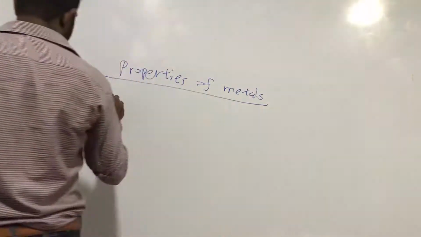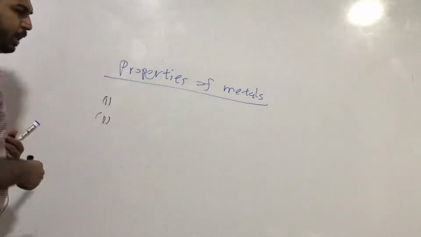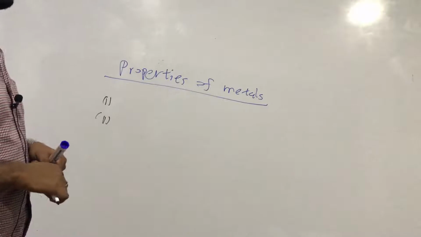Okay, first one is high electrical conductivity due to pool of electrons.